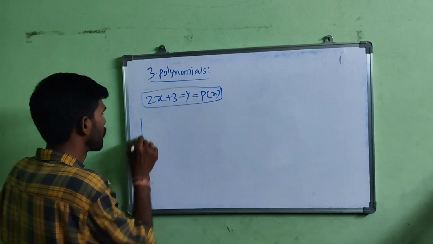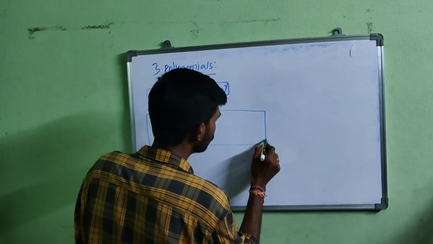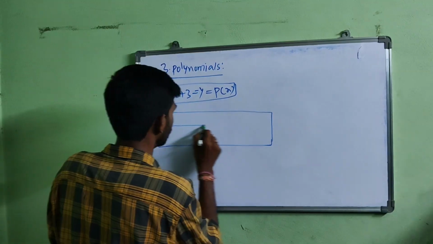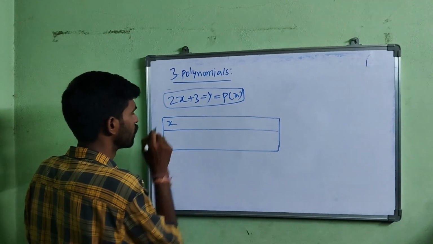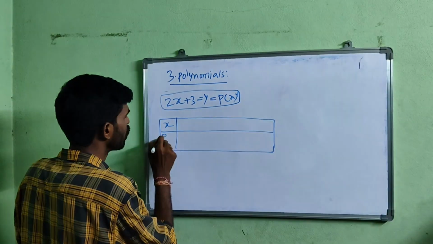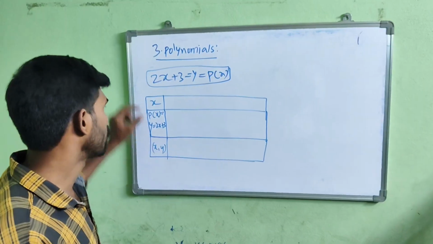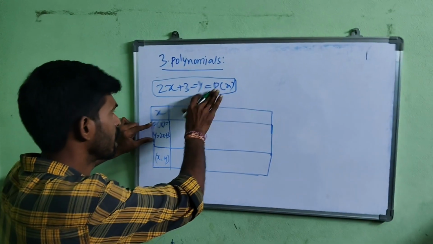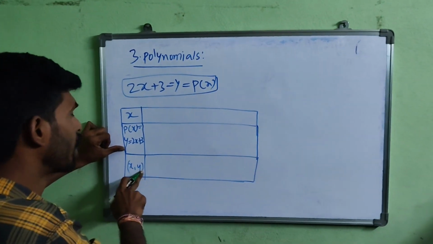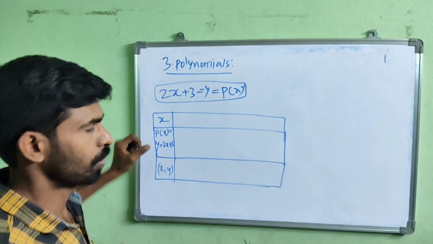Now, take one table. Here is x, here is p of x, that is nothing but y. Now, here x, p of x, that equation, that is y, and the x value, y value, to draw the graph.